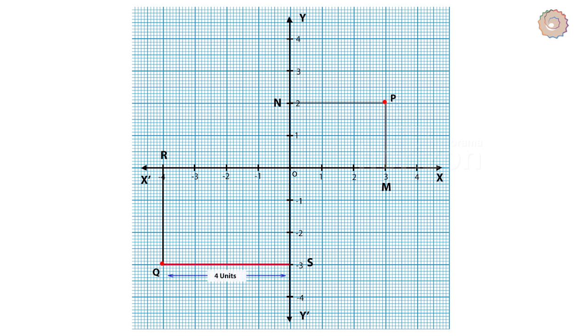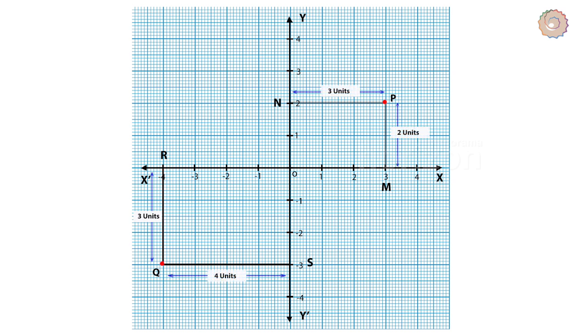The perpendicular distance of the point Q from the y-axis measured along the negative direction of the x-axis is OR equals SQ equals 4 units. The perpendicular distance of the point Q from the x-axis measured along the negative direction of the y-axis is OS equals RQ equals 3 units.